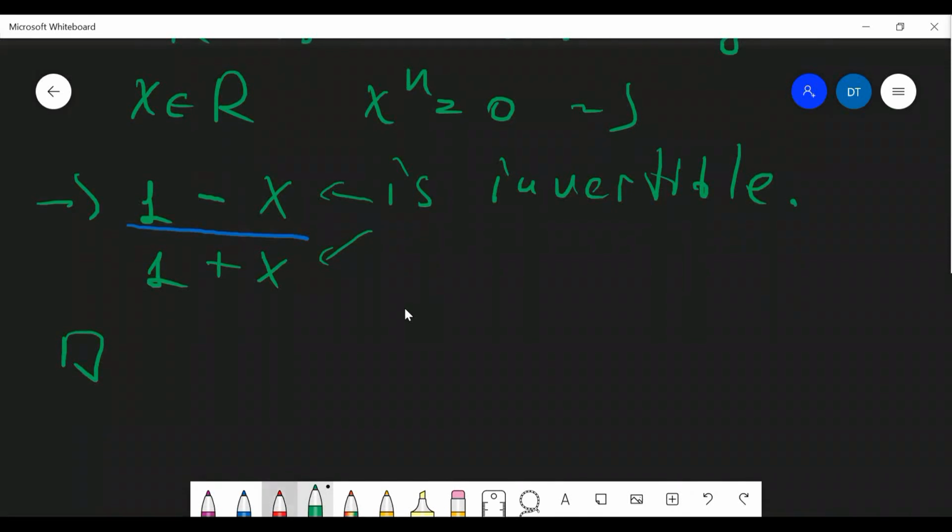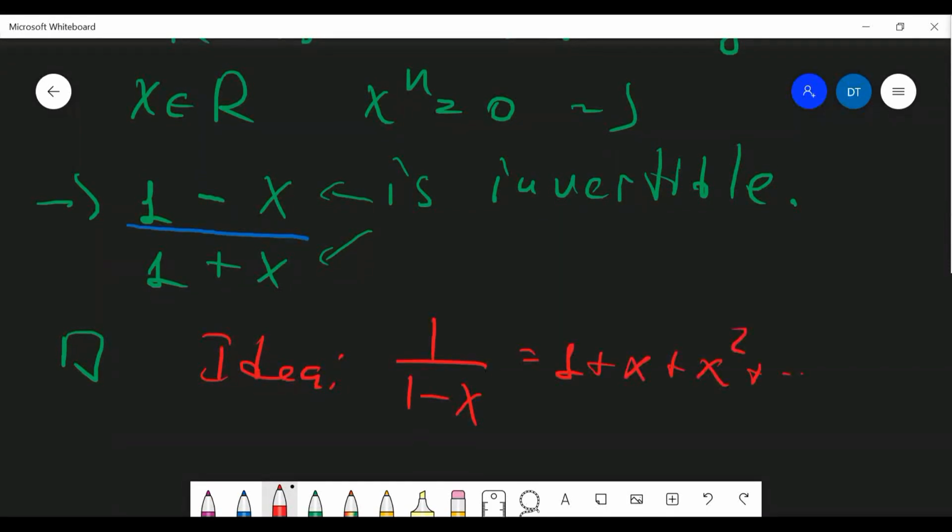So the idea: we want to compute something like this, you see? But then there is a formula saying that it must be something like this. But since x to the n is 0, we do not have all this part.